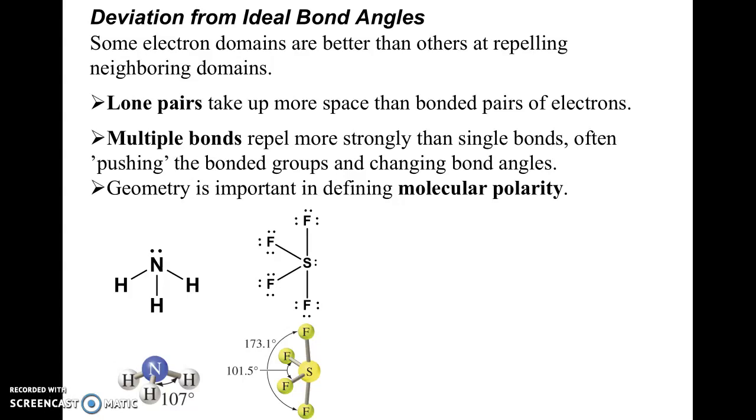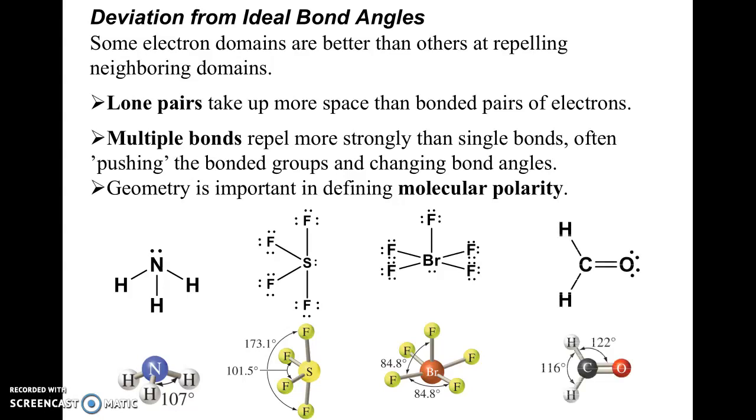It's gotten pushed harder by that lone pair of electrons on the sulfur. The next one is bromine pentafluoride. Non-bonding pairs of electrons on that bottom of the bromine push the other ones up.